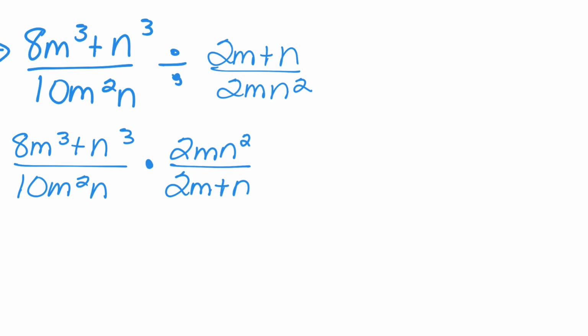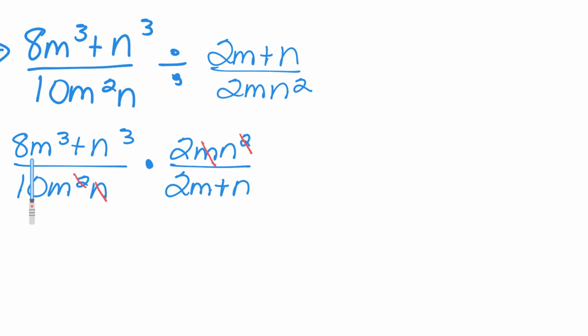And so if we go ahead and simplify this, we know that the m over m squared is just going to be m left in the denominator, and then the n can cancel.